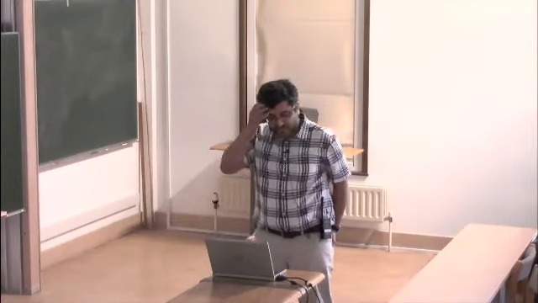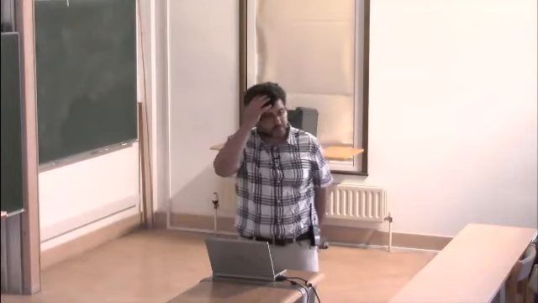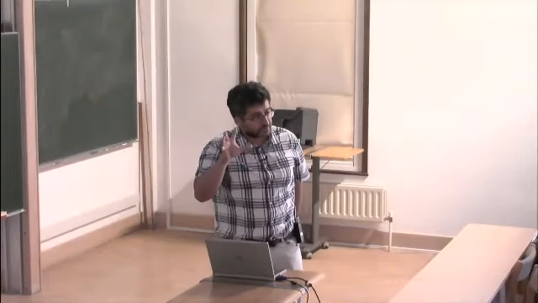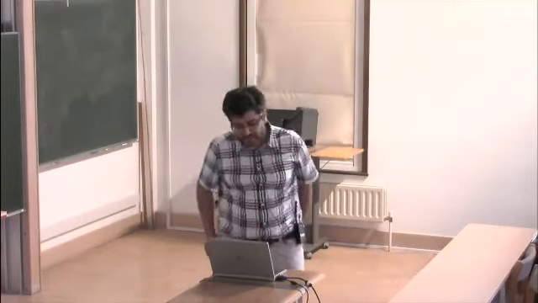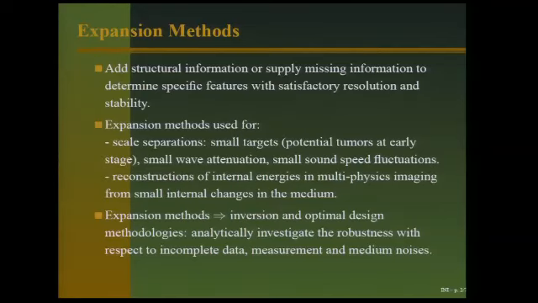For scale separation, in many problems you want to image small targets, so you have a small parameter there, and you can take advantage of the presence of that small parameter in order to understand what kind of information is in the signal, in the data, and then design inversion and or optimal design methodology to make the inversion with good resolution and with good stability.